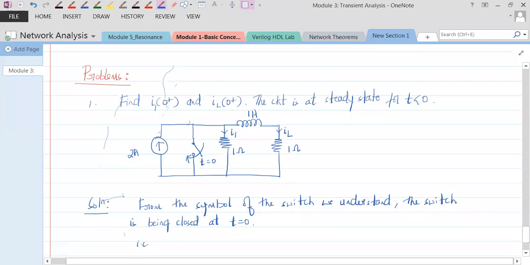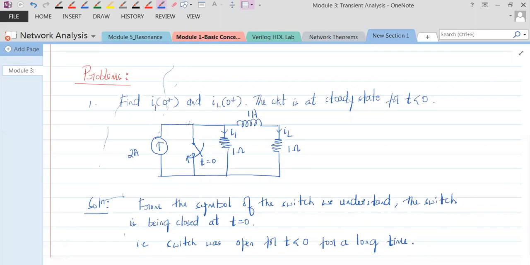That is, the switch was open for t less than 0 for a long time, is what one needs to understand here. Is this okay with you?